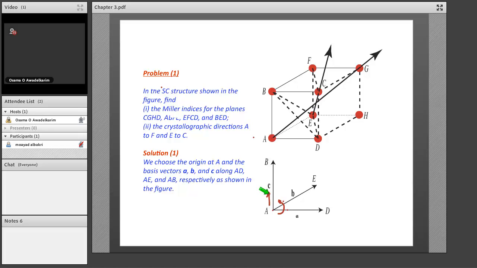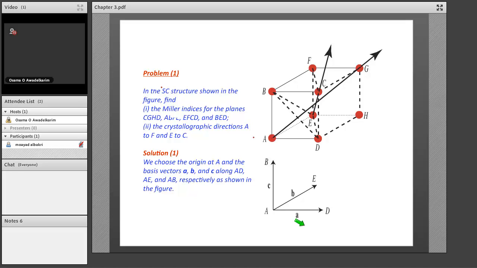So that is what we mean by right-handed system. So abc is a right-handed system, and it runs from a to b, and it proceeds in the c direction.